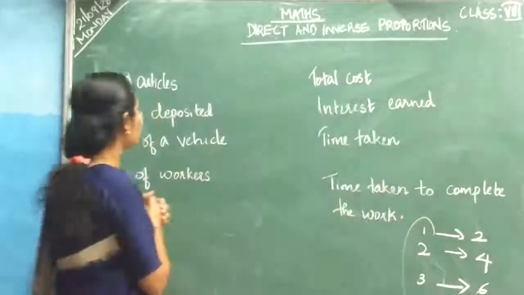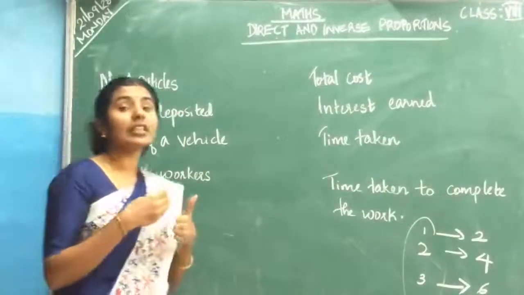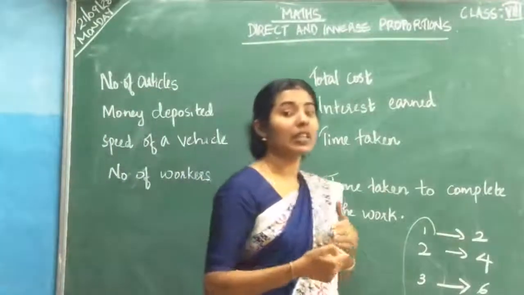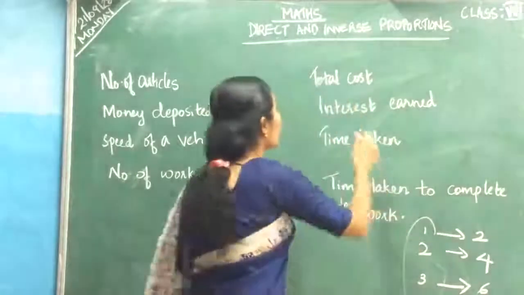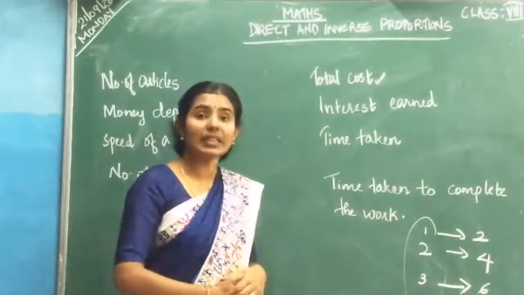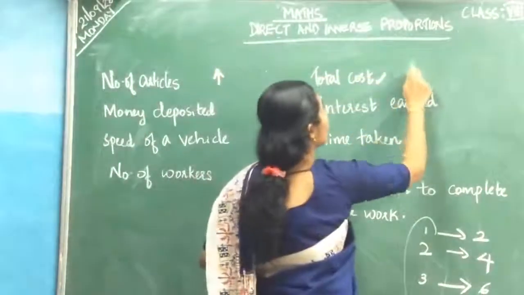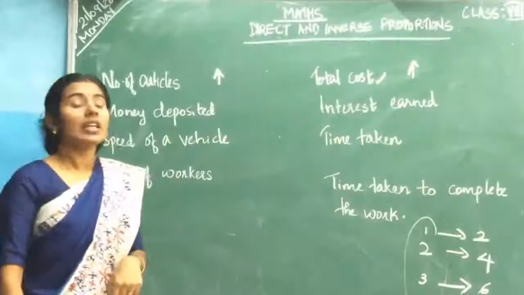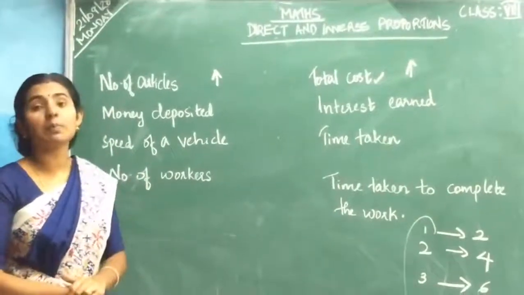So what will happen here? When the number of articles you are purchasing is increasing, the corresponding cost also increases. Number of articles increases means cost also increases. See another example, money deposited in a bank.